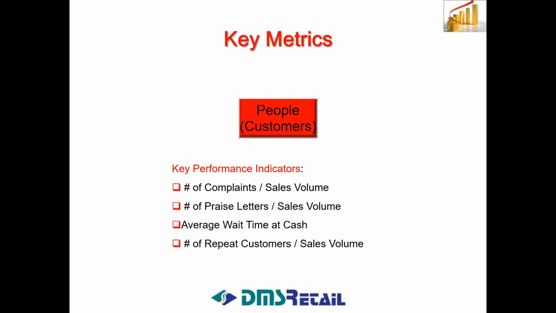Out of these four, I think the most reliable measurement would be number of repeat customers. With the huge competition we have in the marketplace today, customers are not going to come back if they're not happy. They have lots of options. So measurement of repeat customers becomes pretty critical so that you know how you stand in terms of satisfying the customers.